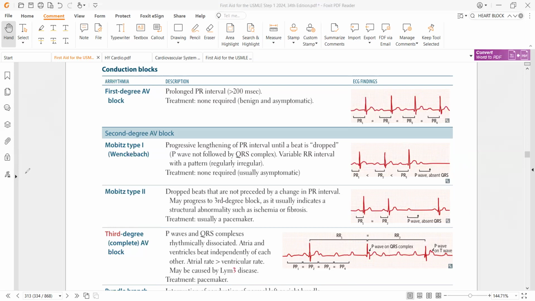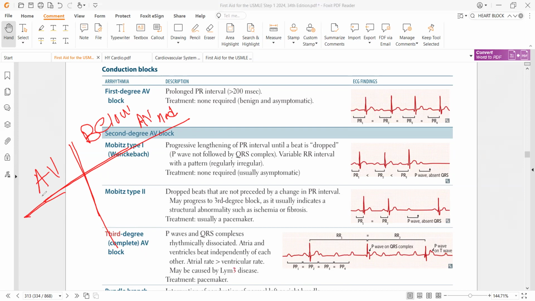Okay. I'm explaining another thing that is important from the USMLE point of view. The level: within the AV node or below the AV node. If the lesion is within the AV node, then it is not a severe type of heart block, right? You can simply say it is benign.